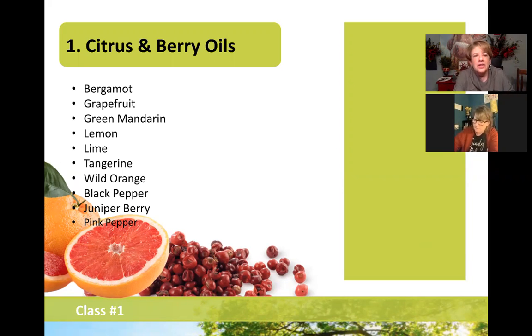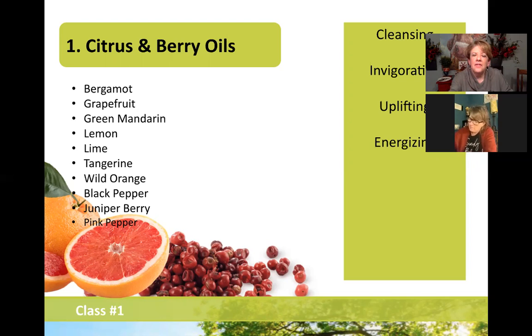With citrus and berry oils, you've got your bergamot, grapefruit, green mandarin, lemon, lime, tangerine, wild orange, black pepper, juniper berry, and pink pepper. All of these oils are cleansing, invigorating, uplifting, energizing, strengthening, refreshing, and embracing.